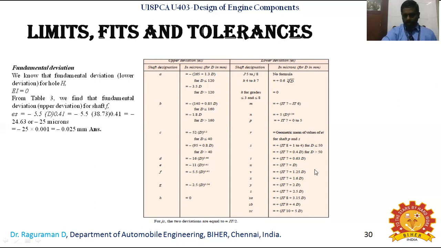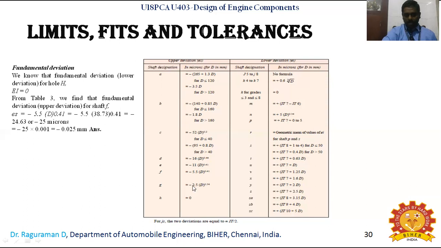That is available in the table formulas for the designation of f. So after the designation f, you can see there is 5.5 D to the power 0.41. By making use of this calculation, you can identify the fundamental deviation.